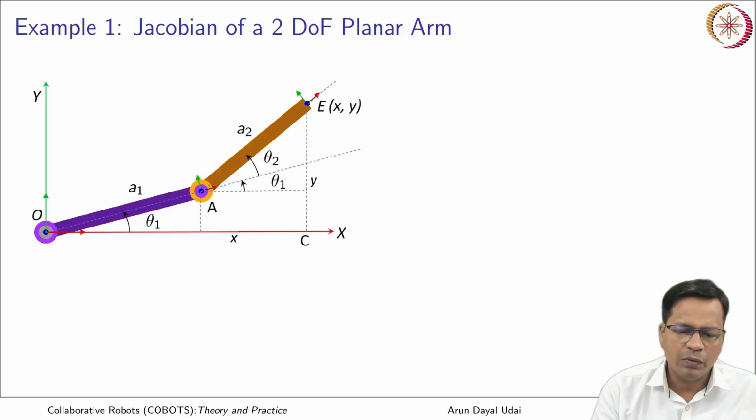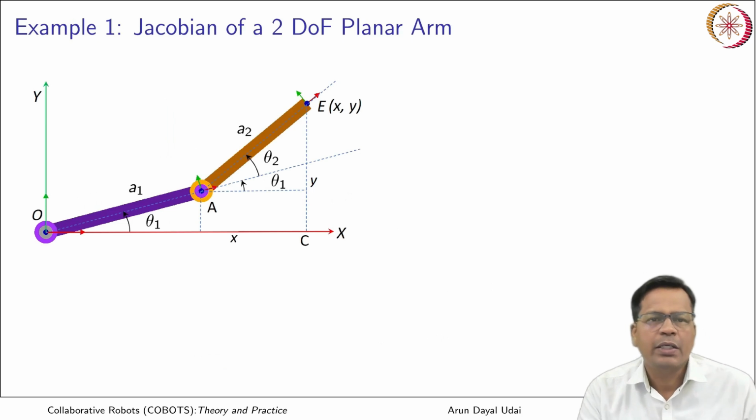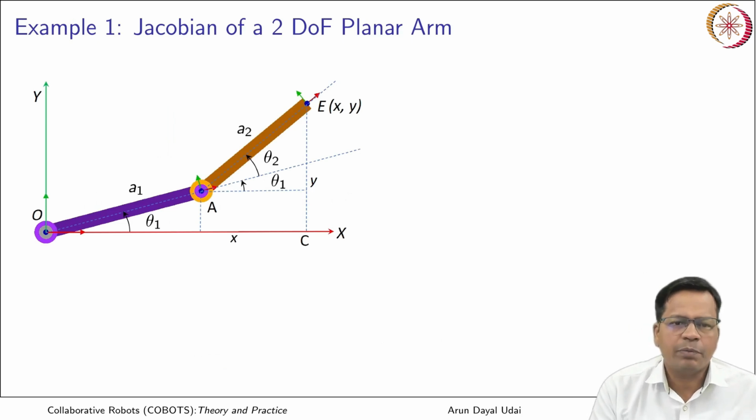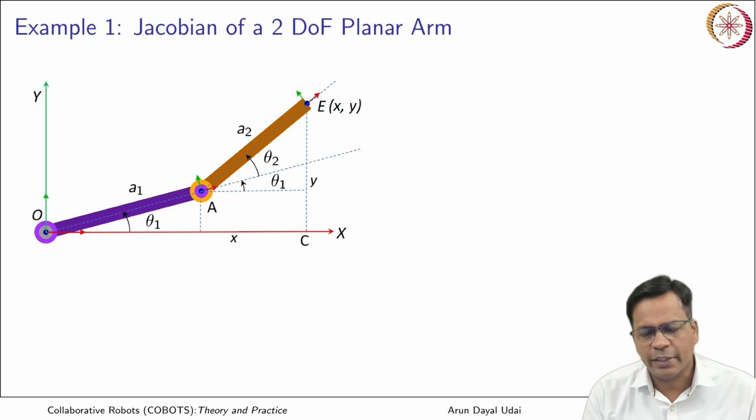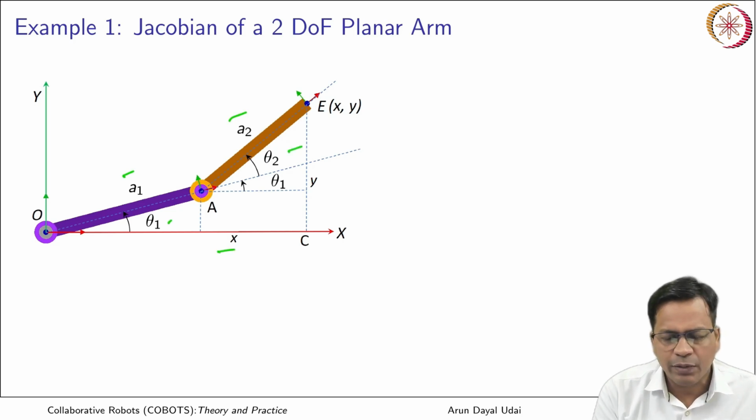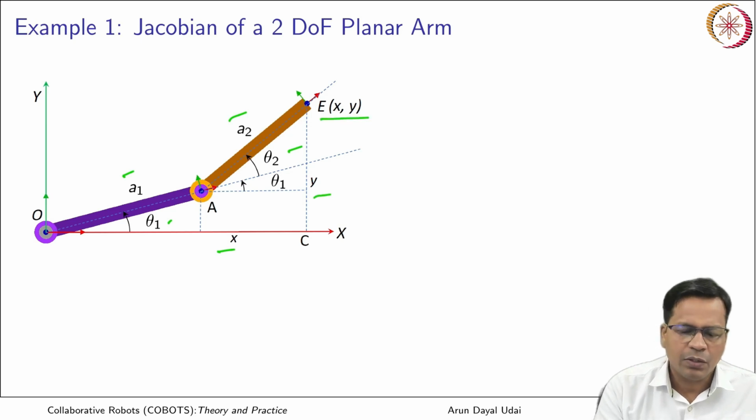Now let us calculate the Jacobian for a 2 degrees of freedom planar arm. This is one of the simplest arms, and it can be derived by hand calculation. A1 and A2 are the link lengths, theta 1 and theta 2 are the joint angles, and x and y are the end effector coordinates.